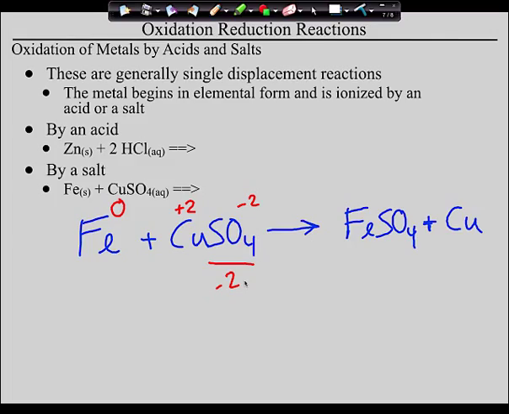So what does the oxidation number of sulfur have to be in order to make the entire thing -2? +6. So if sulfur is +6 and oxygen is -2, -2 times 4 is -8, +6 leaves an overall charge of -2. Now, let's go over to the other side.